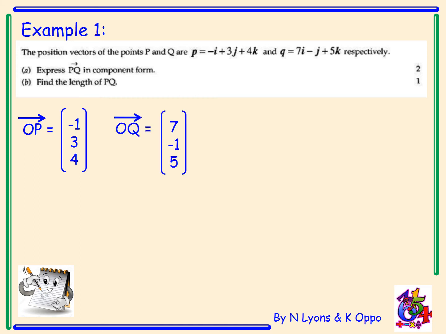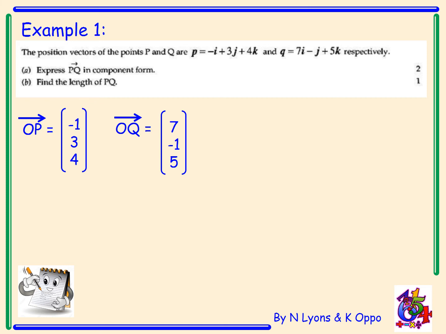So let's now work out the position vector of Q. So OQ equals, again, look at the numbers before i, j, and k. We've got (7, -1, 5). So you're just taking this vector equation and converting it into component form.